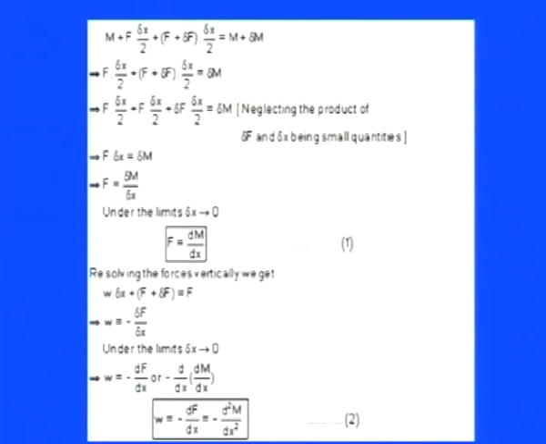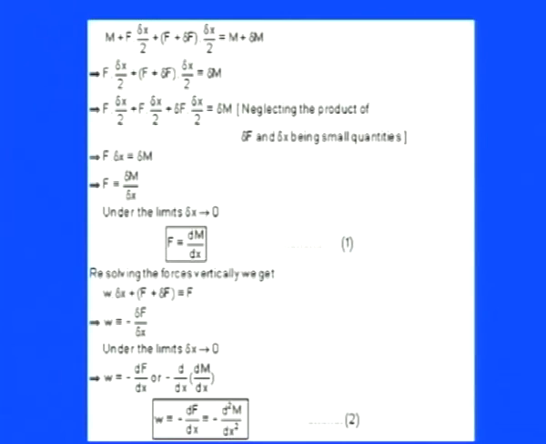By balancing those conditions, on one side we have the shear force F going in the upward direction, and on the other side we have the shearing force F plus dF coming in the downward direction, and also one force due to the applied load, that is W into dx. So if you balance those things, F equals W into dx plus F plus dF.